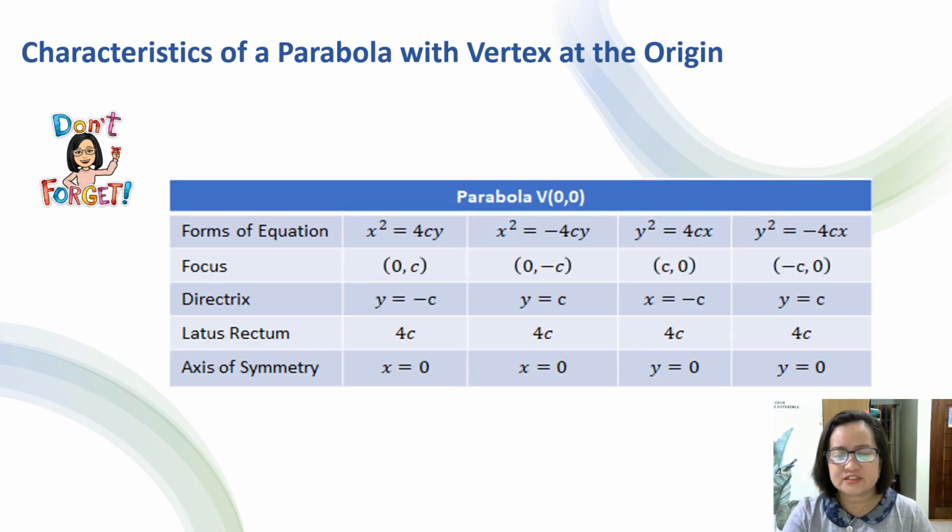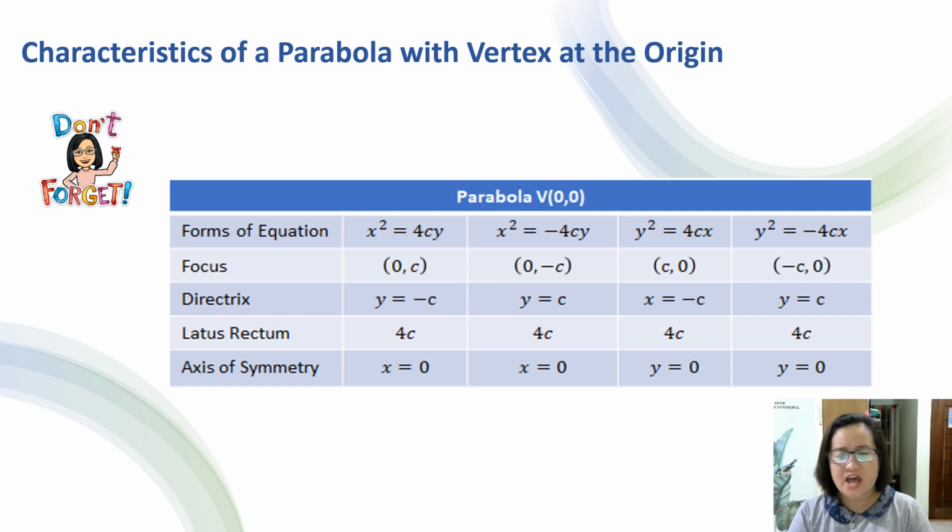Don't forget, the given equation can be summarized using this table. When the parabola has vertex at the origin, take note that we have 4 possible forms of equation. It can be x squared equals 4cy with focus at (0, c), directrix at y equals negative c, latus rectum of 4c, and axis of symmetry x equals 0.